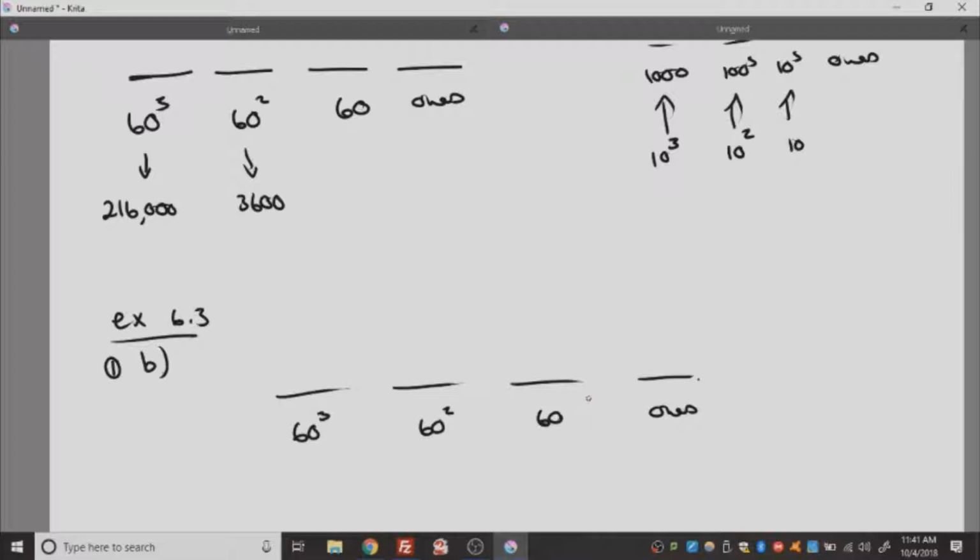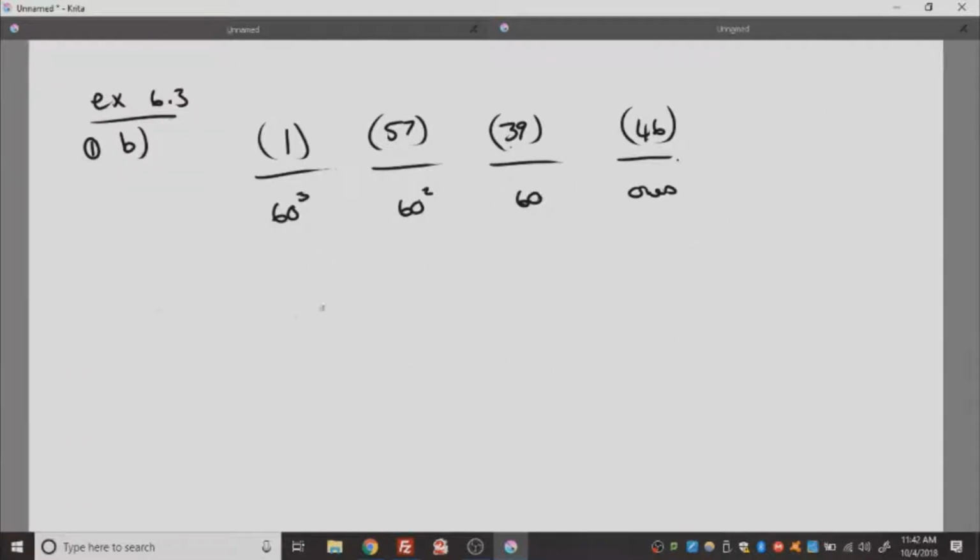The first one, because I read left to right, is just a 1. Then the next one is a 57. And then the next one, 39, and 46.